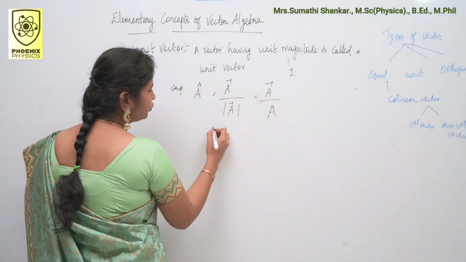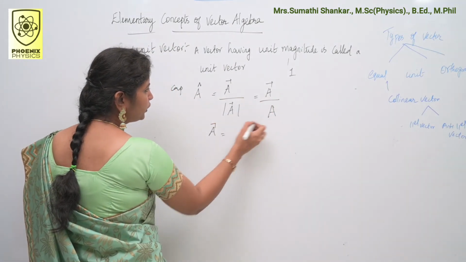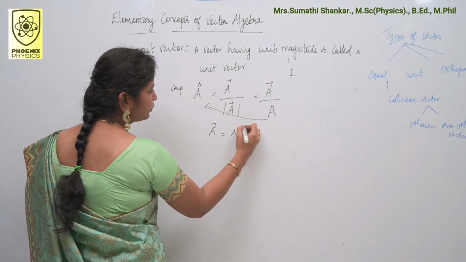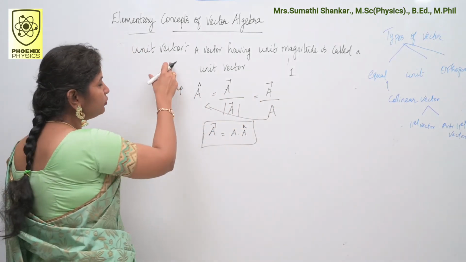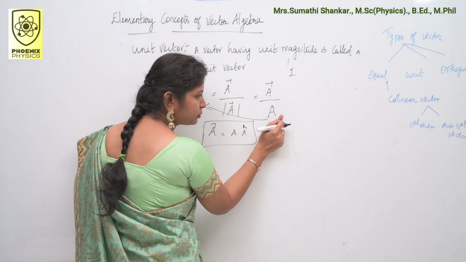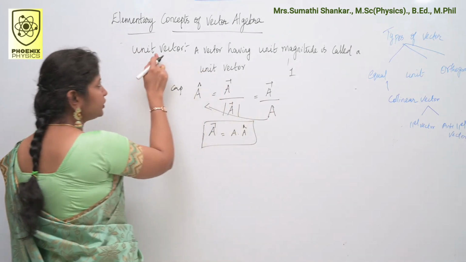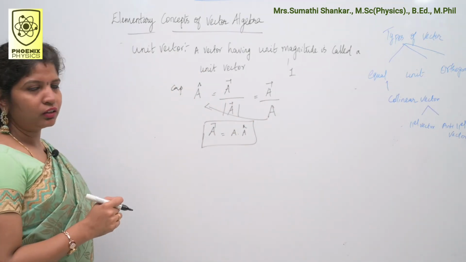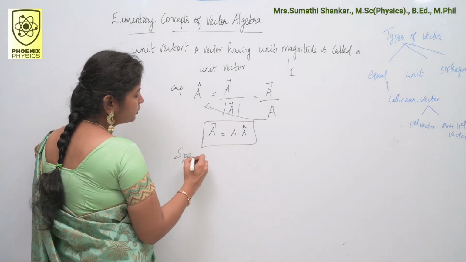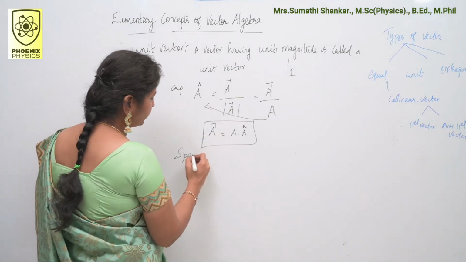So how do you find out A? A is equal to cross multiply these two, A into A cap. How do you define unit vector? If a vector is divided by its magnitude, then the vector is said to be unit vector. And this unit vector specifies the direction of the vector quantity.